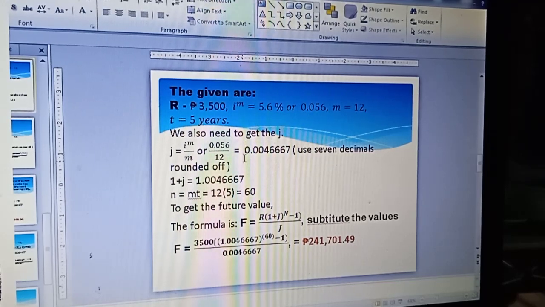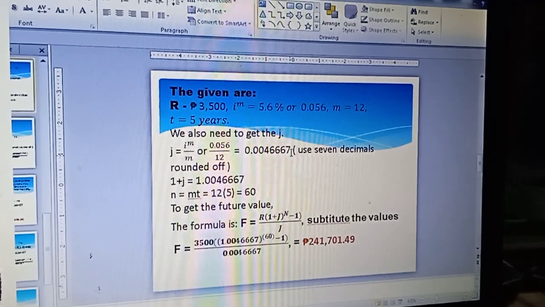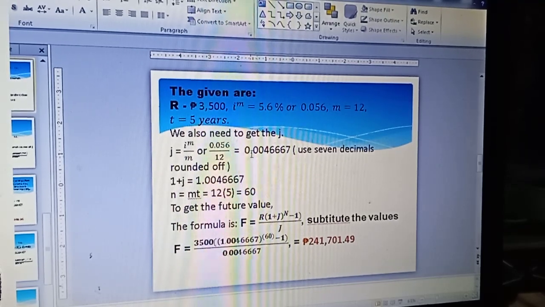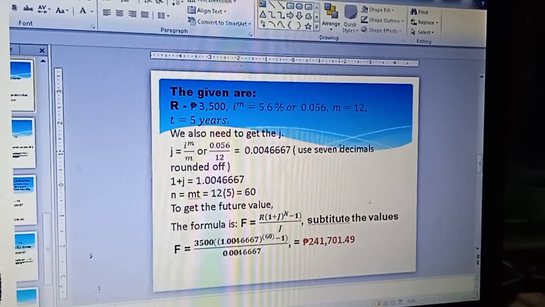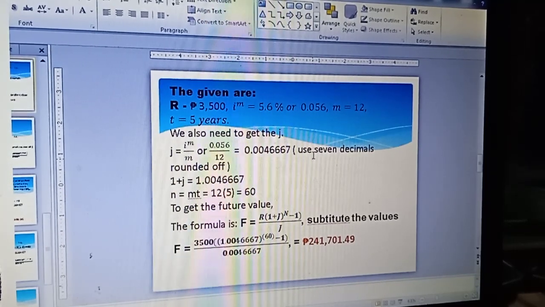That is equal to 0.0046667. In order to have a lesser disparity due to decimal rounding off, we should use 7 decimals rounded off.